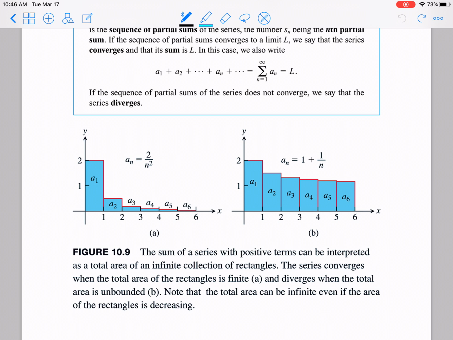So just because they're decreasing doesn't necessarily mean it's going to converge, so be very careful about that. Also take note that the sum with positive terms can be interpreted as the total area. So you're summing them, so you've got to add up A1 plus A2 plus A3 plus A4. You're adding up all the areas of those rectangles.